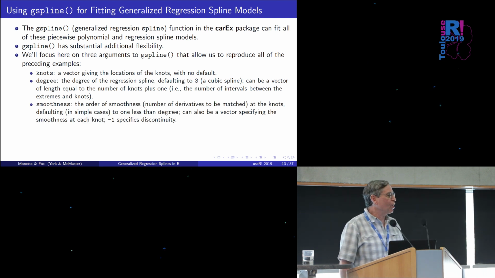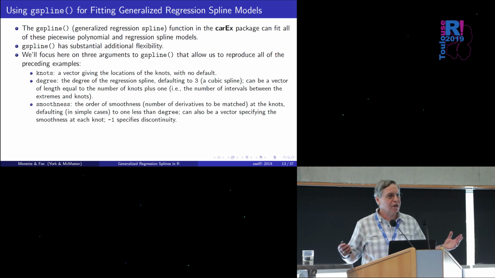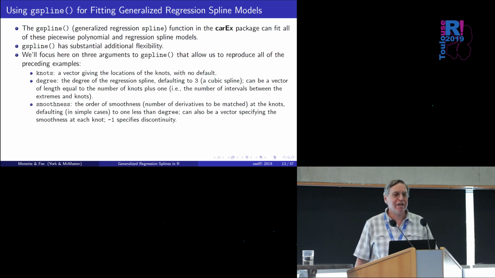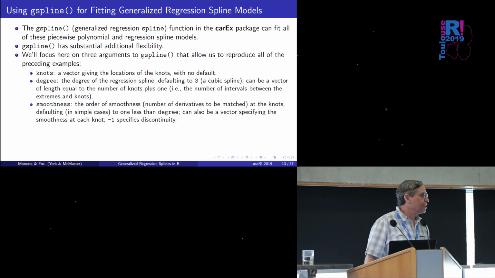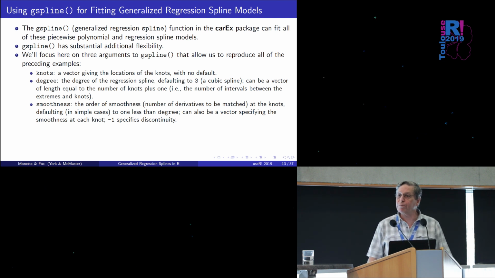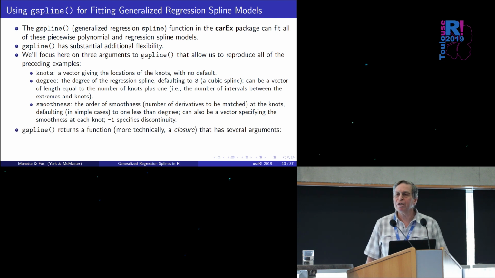There's a smoothness argument, which can either be the number of derivatives matched everywhere or the number of derivatives matched at each knot. So we allow the possibility of different degrees of continuity at different knots, and also different order polynomial fits in each region.